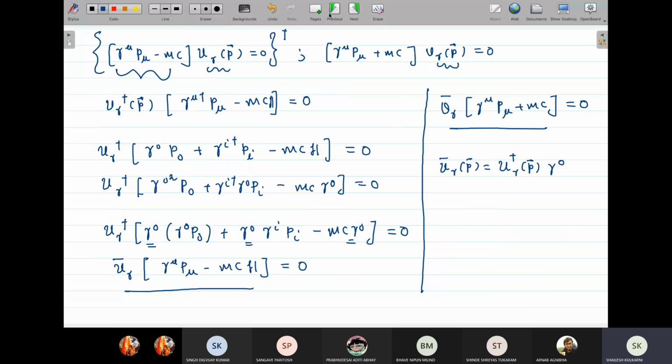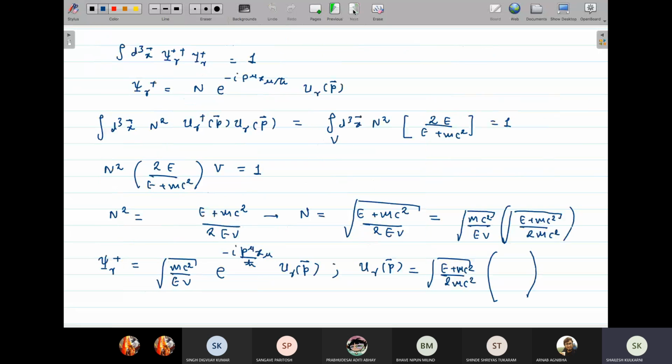Now what you can show is that u bar_r(p) u_r'(p) is basically delta_rr'.